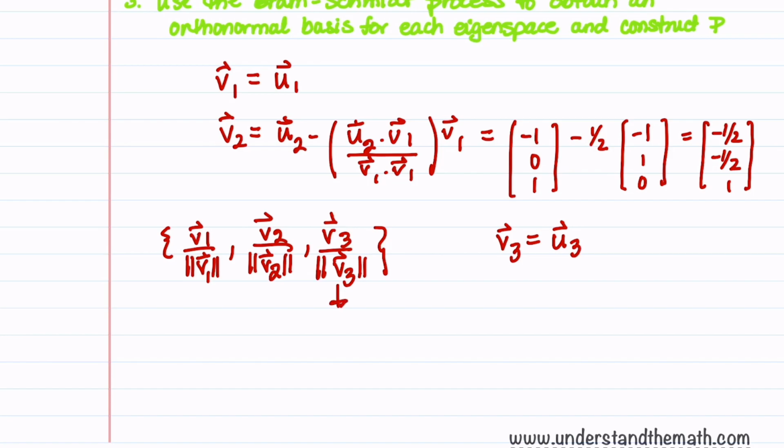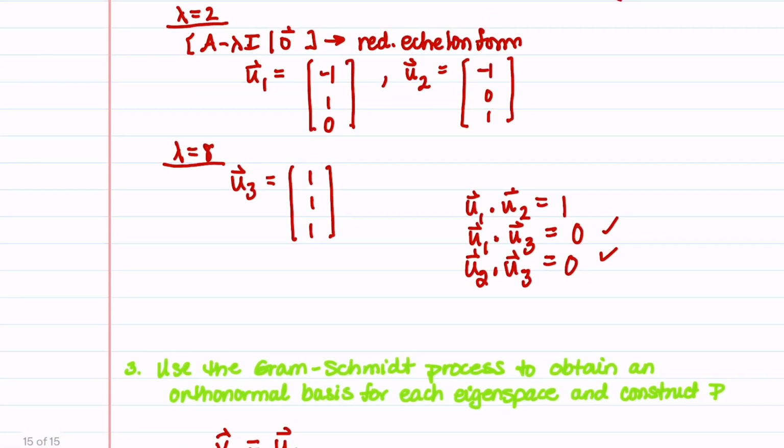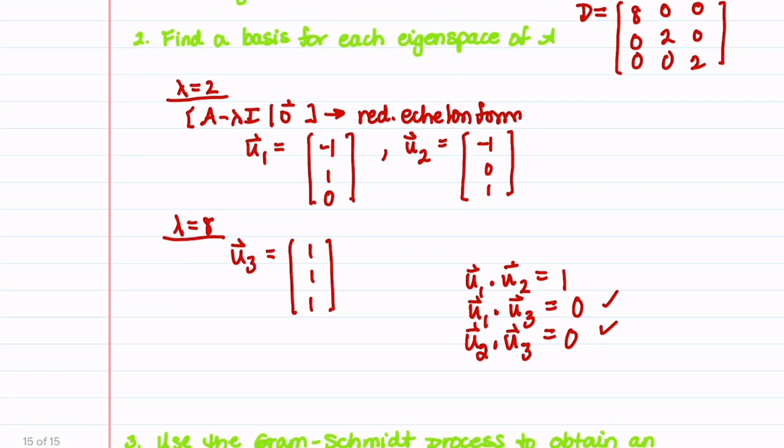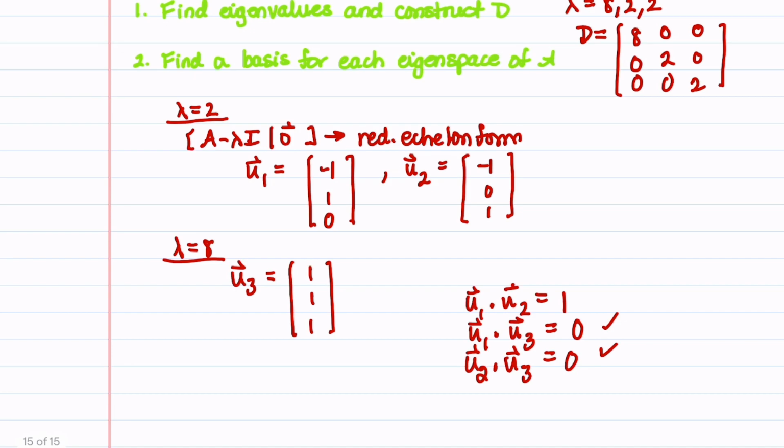This new vector is going to go into the first column of P because if we go back up, it is related to lambda equal to 8, and we put lambda equal to 8 in our first column. And then our next two vectors can go in the second and third columns.